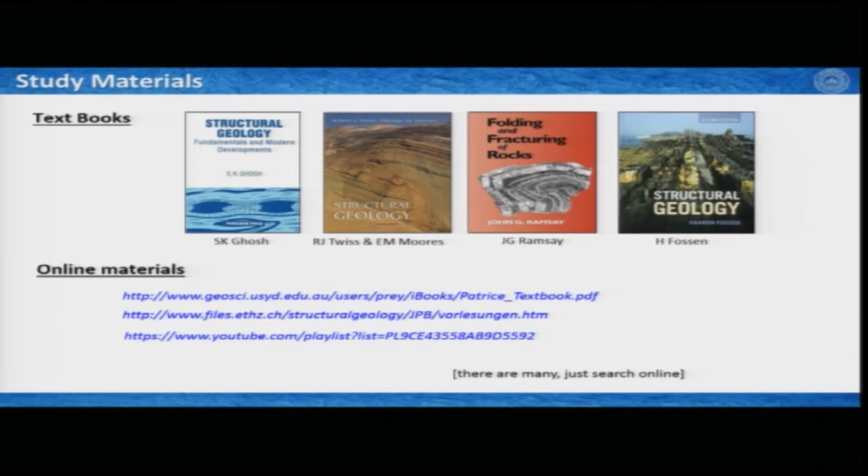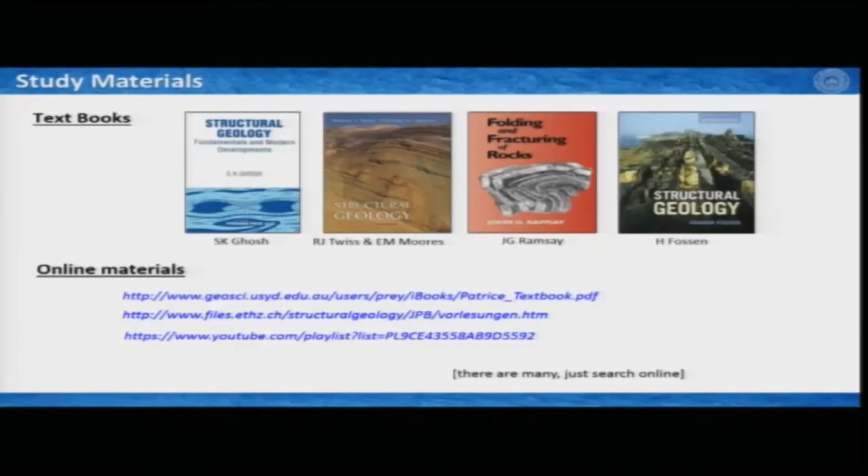The first book is Structural Geology: Fundamentals and Modern Developments, written by Professor S.K. Ghosh, who was a professor in Jadavpur University, Kolkata. This book is a little bit advanced for an undergraduate student, but the initial sections are written in a very general, very scientific way, so that one can understand.